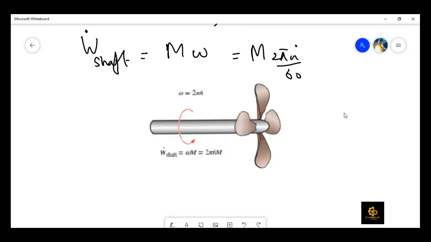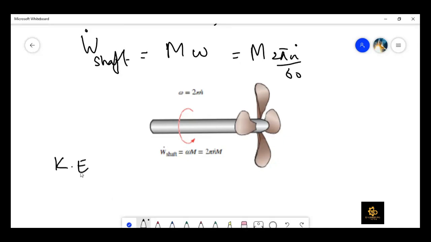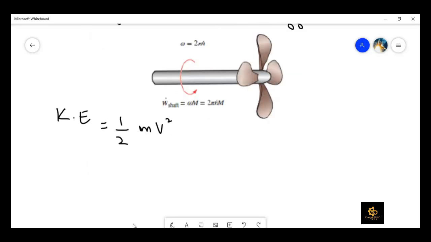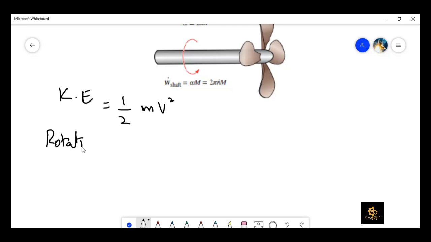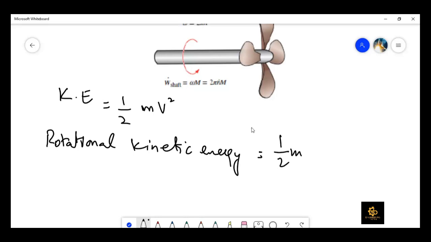Now, if we want to know the rotational kinetic energy for this shaft, first of all, kinetic energy for a system in linear motion, if you remember, is half m v square, mass into velocity square. Now, if we talk about rotational kinetic energy, that would be half m v_t square, where v would be equal to r omega, so r square omega square.